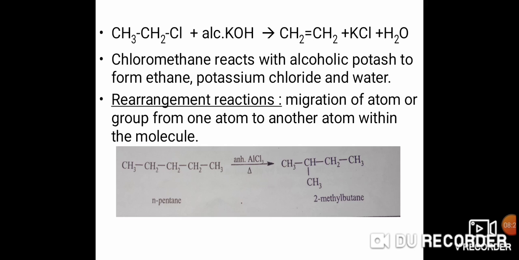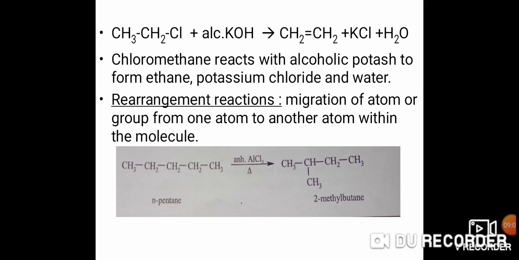We have already studied that isomers are compounds containing the same number of carbon atoms and hydrogen atoms but differing in their structure. Here the n-pentane, a normal pentane, is being converted to 2-methyl butane, which is also commonly called isopentane.